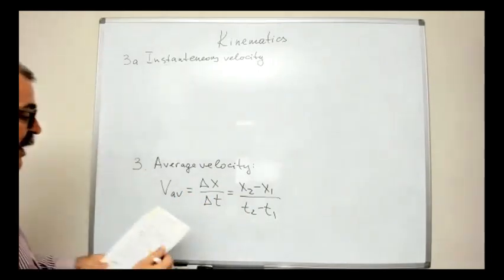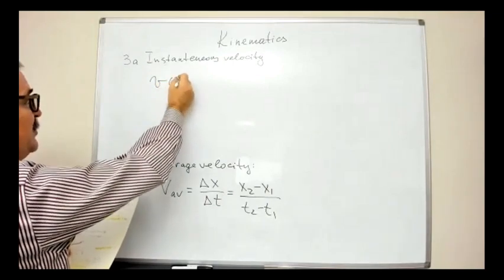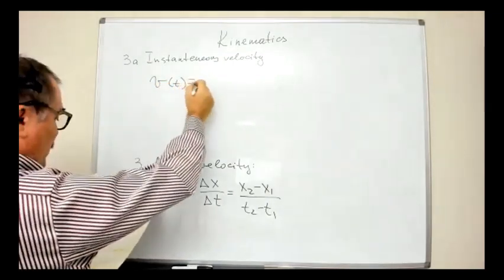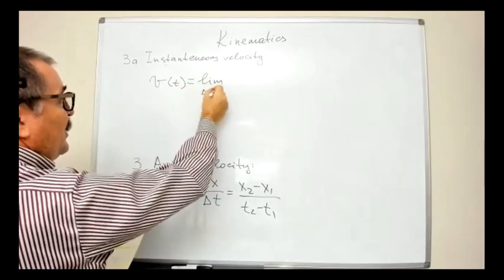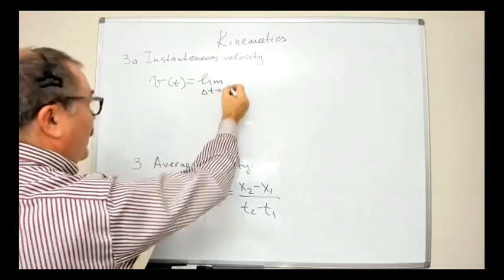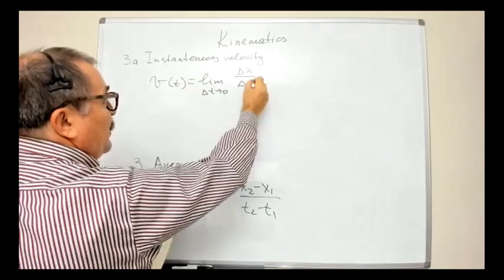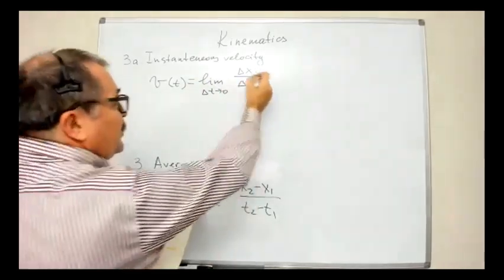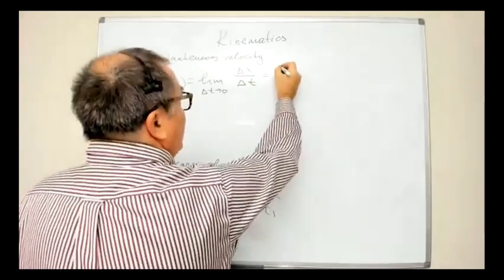Now let me write that. The instantaneous velocity v at time t is the limit, when delta t goes to 0, of the ratio delta x over delta t. And that ratio, in mathematics, if that limit exists, is named the first derivative.